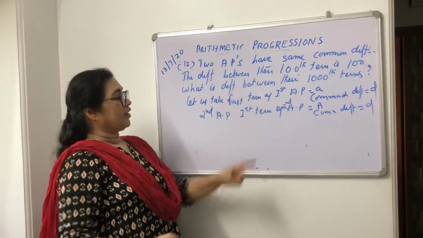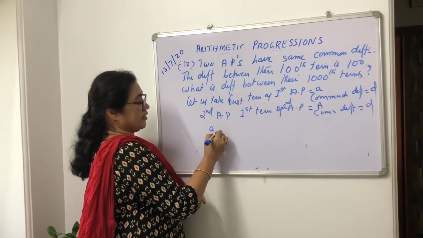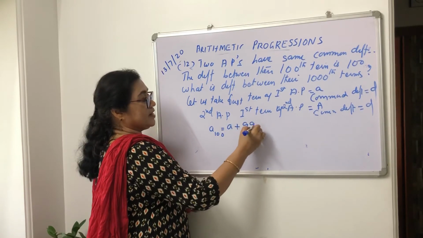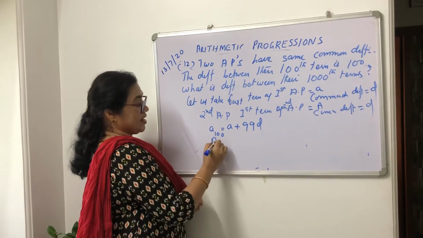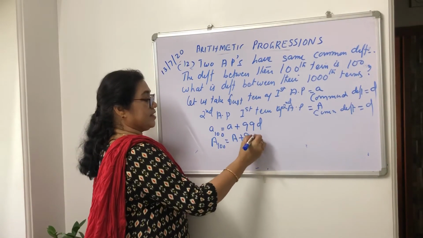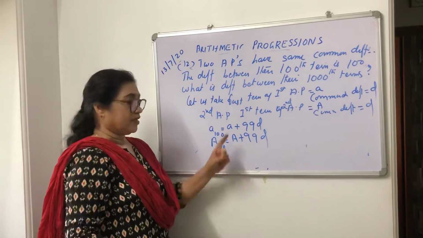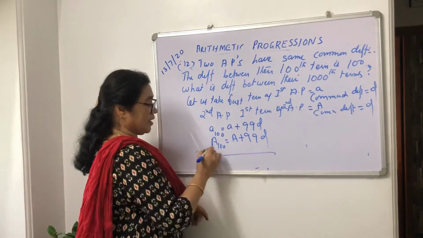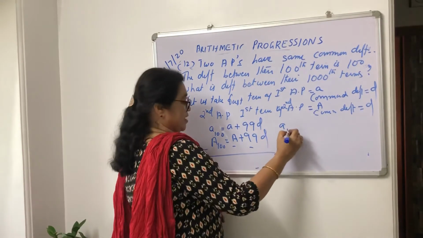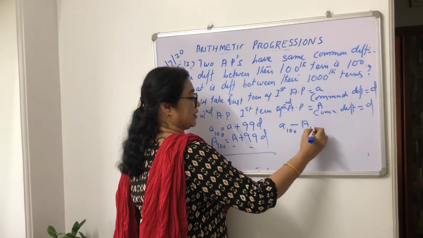So I am going to write down a_100 is a plus 99d, and capital A_100 is capital A plus 99d.